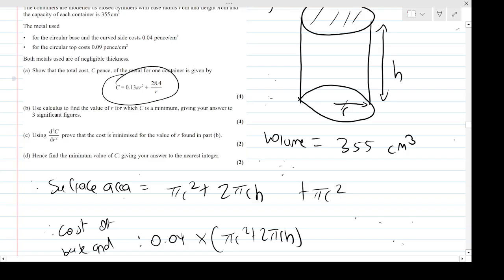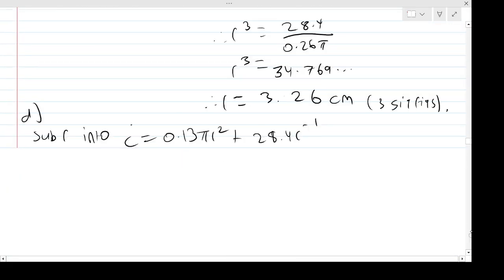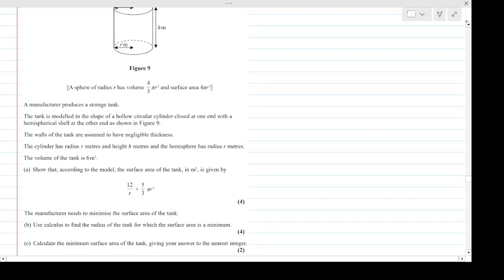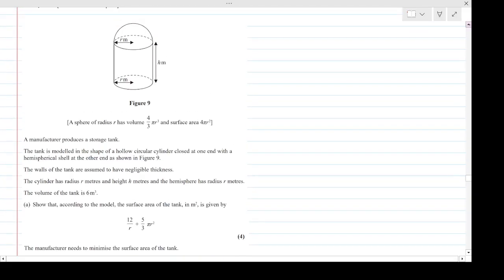Okay, we're going to finish off with one more question, which is, again, very similar, but I do want to practice it. This exam question here. And this time it isn't a cylinder, but that's fine. We're given the formula.